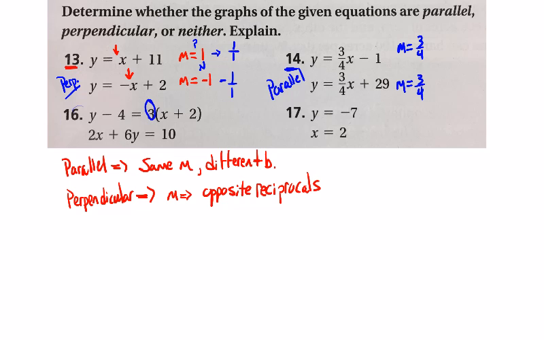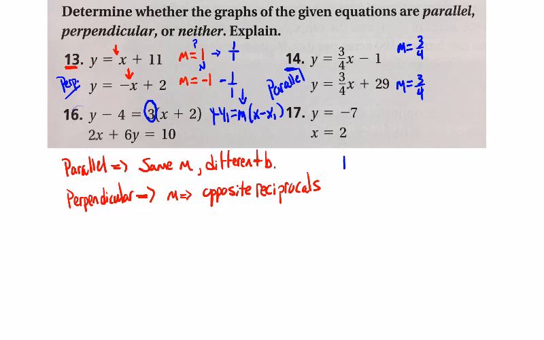It's 3. Because remember, when we do point slope, it's y minus y1 equals m times x minus x1. So m is the number in front of this parentheses, which in this case is 3. I already know my slope is 3. So let me go ahead and work out the other one.